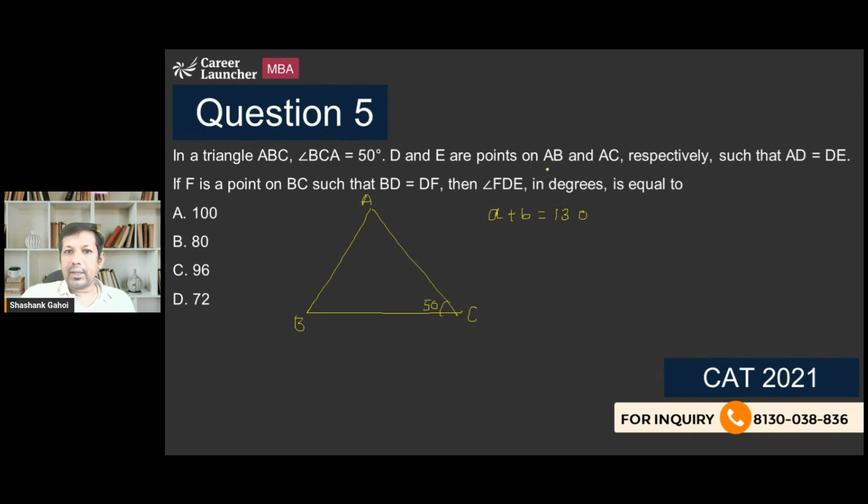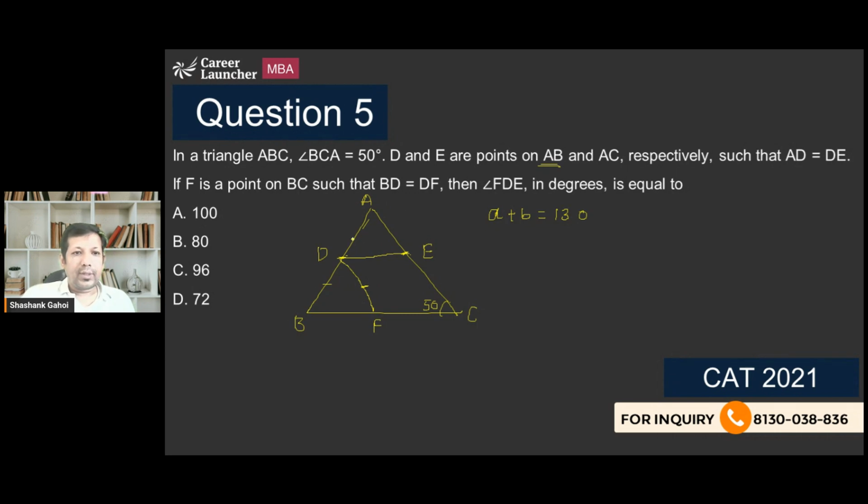Now on AB there is a point D. I made a mistake: AD is equal to DE, not AD equal to AE. That was the mistake. It's always good to redraw and resolve the question.